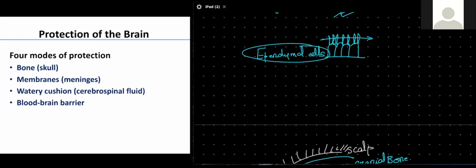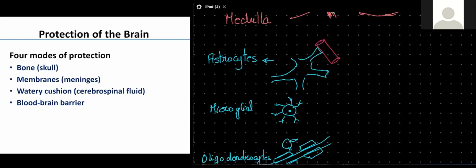Also, if you remember, we've got some degree of protection from anything that travels from the blood to the nerve cells, having those astrocytes located in between the blood vessels and nerve cells, acting as blood-brain barrier.